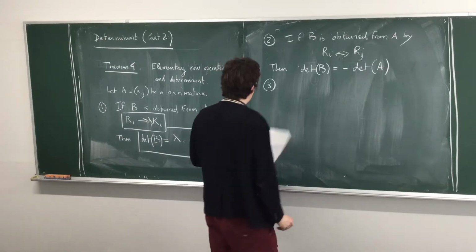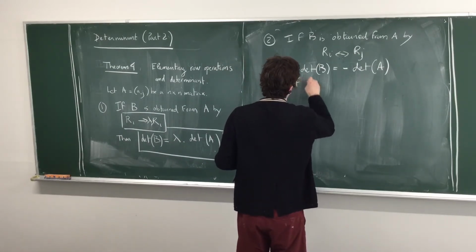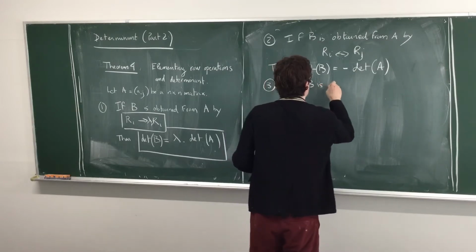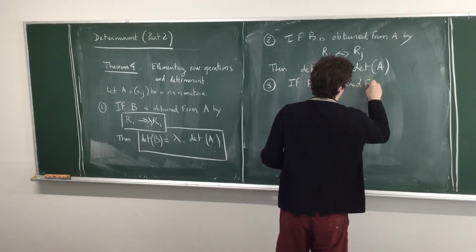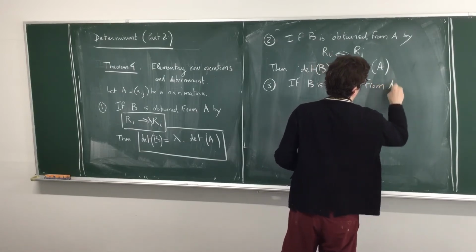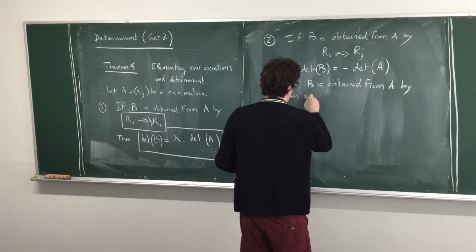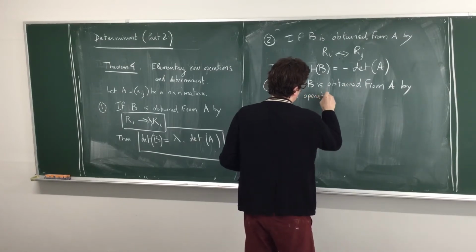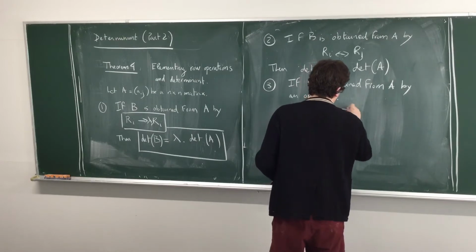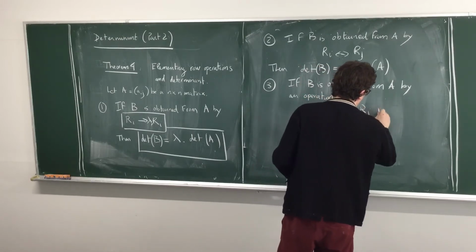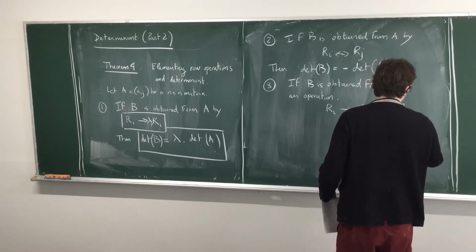And thirdly, if B is obtained from A by an operation, so you remember the third operation, I take one row and I modify this row by adding a multiple of another row.